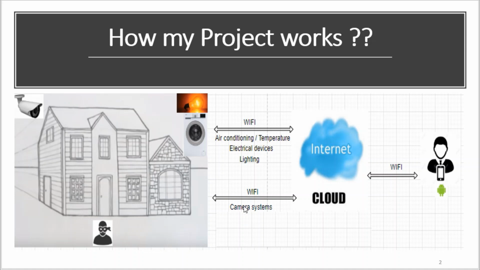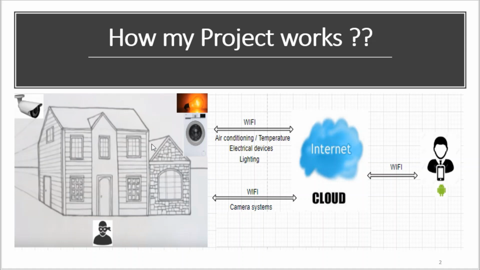I can explain here by drawing in draw.io. We can see the camera on the house and we can see here someone, or we can say that it is a thief. Also, I added the electric device here.